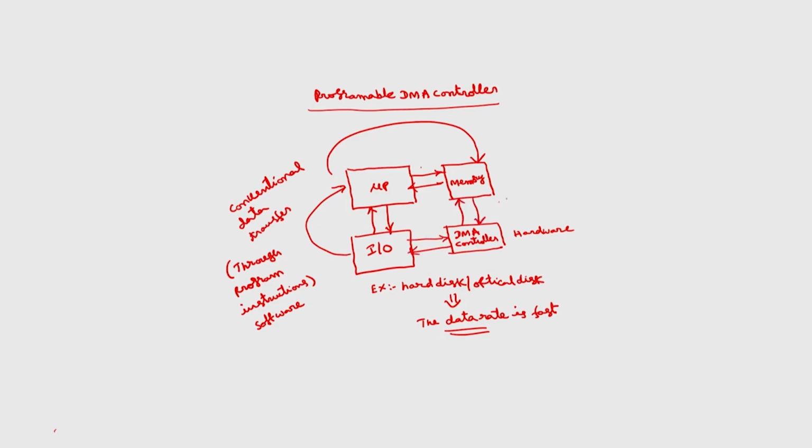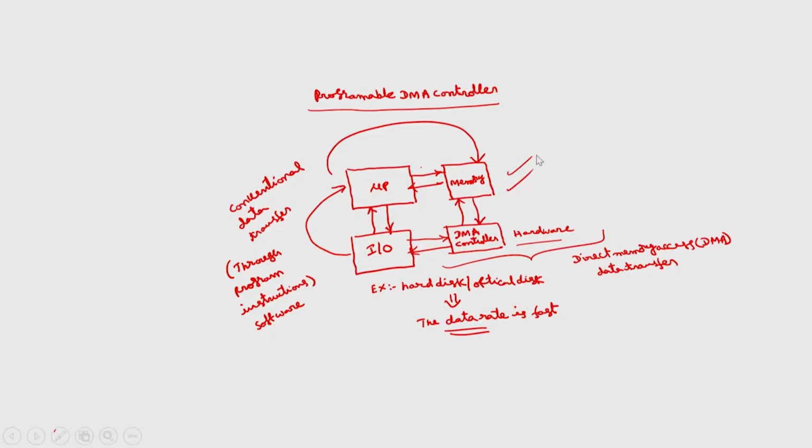This type of data transfer is called direct memory access, DMA data transfer. Because this is a hardware device, it is faster than software data transfer. This is the advantage and need of the DMA controller.